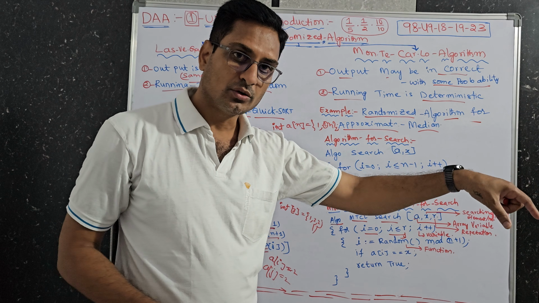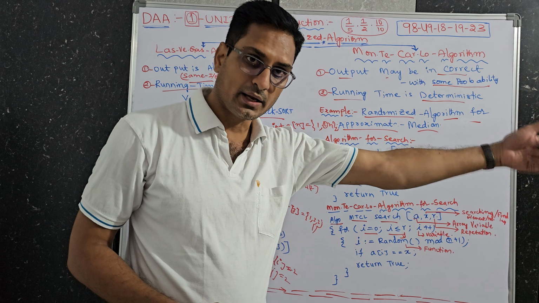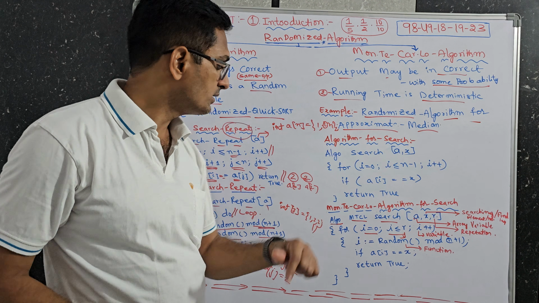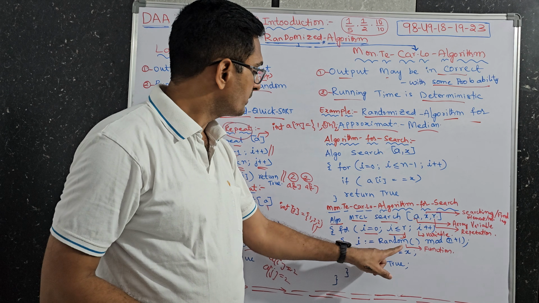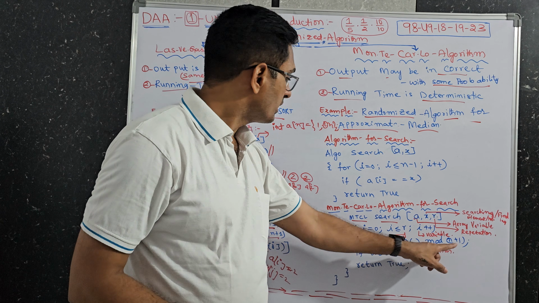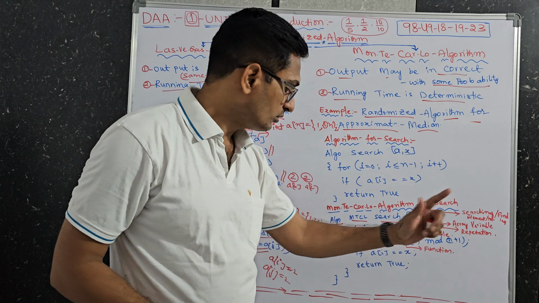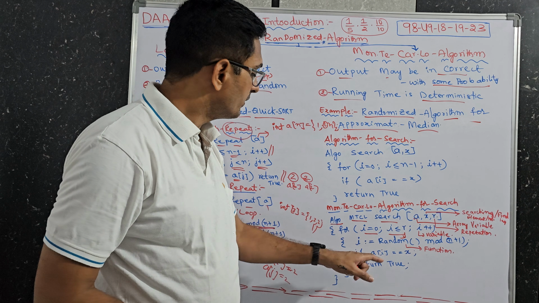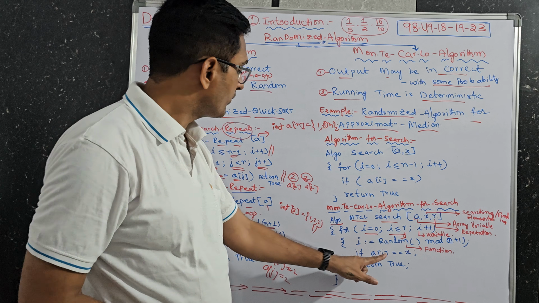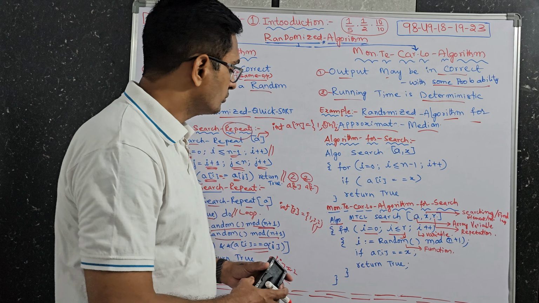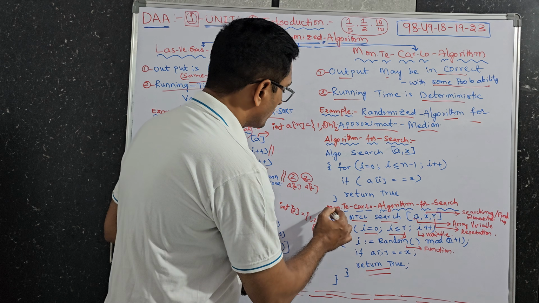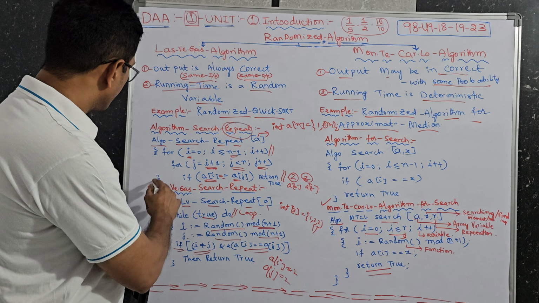If we find it at the end location, we need to search till the end. I plus plus. I equals random, a function, mod n plus 1, so we search up to the last element. If A of I equals X, we found the element, then return true. So this is the Monte Carlo algorithm and this is the Las Vegas algorithm.